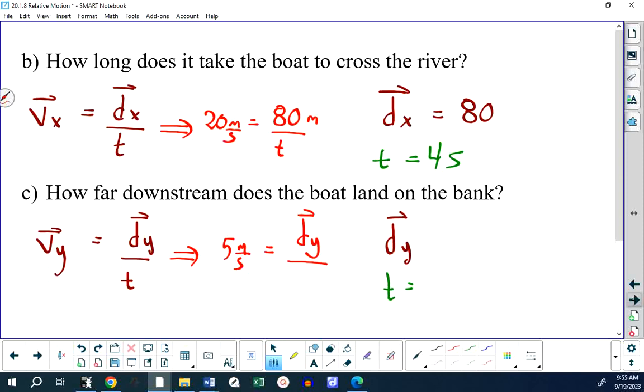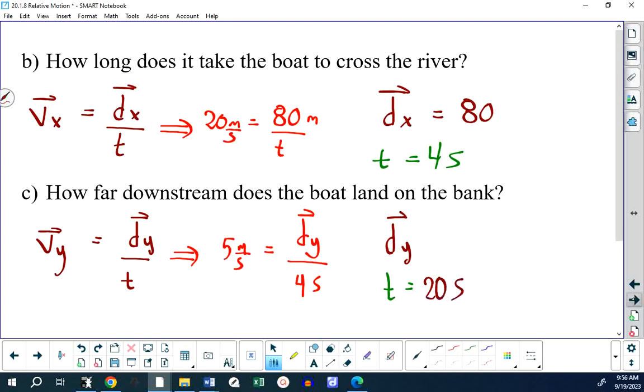Remember, it's not 2 boats. If it took 4 seconds to cross the river, then it's been in the river for 4 seconds, moving 5 meters per second for those 4 seconds. So we use the same time. This is another issue that becomes very important for tomorrow and the next day. Even though we treat horizontal and vertical motion separately, they occur at the same time.